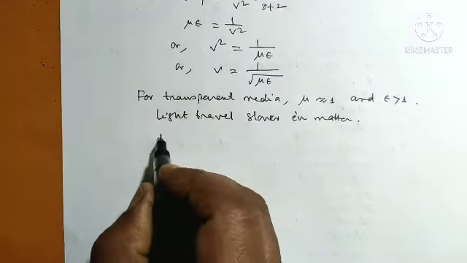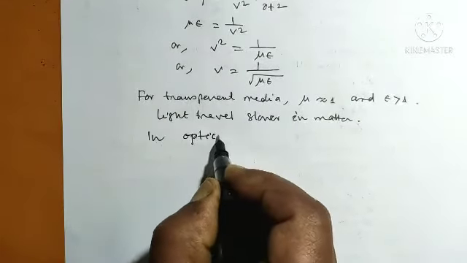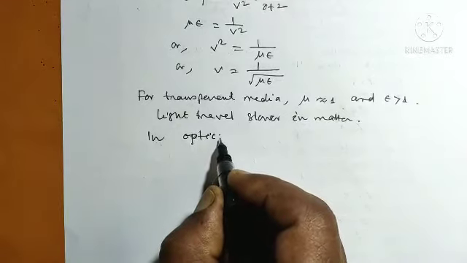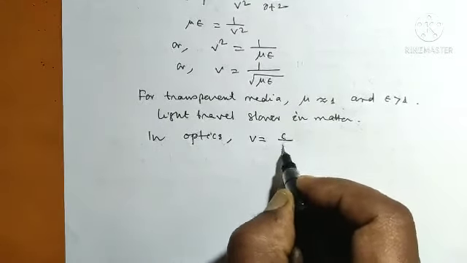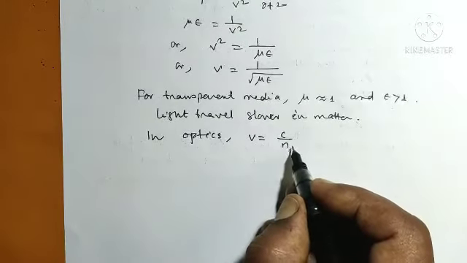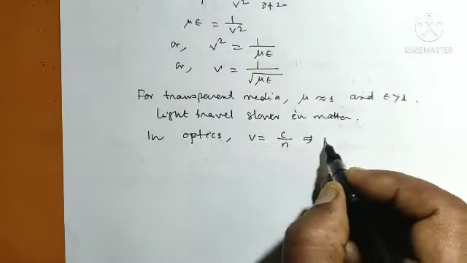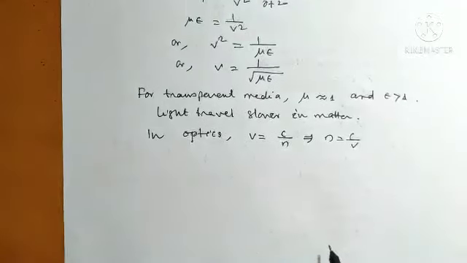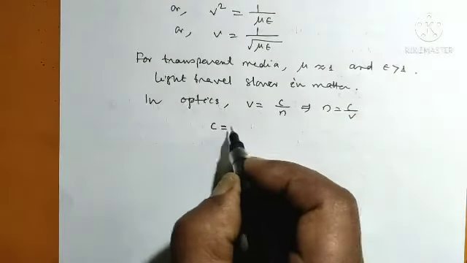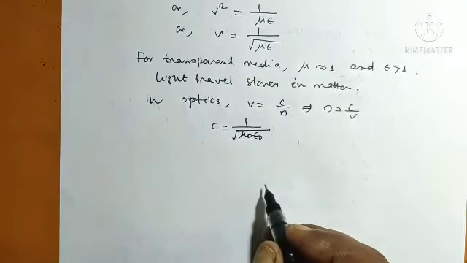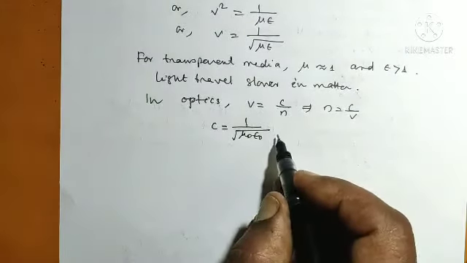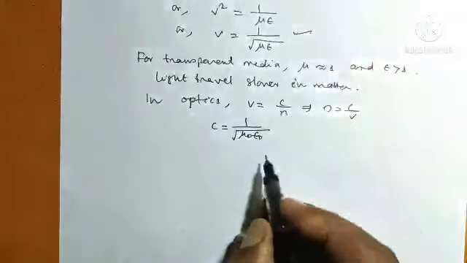In optics, light is an electromagnetic wave. So in optics we use velocity v equal to c by n. n is the index of refraction, or we can write n equal to c by v. And we know that c equal to 1 by square root of mu 0 epsilon 0, that is the speed of electromagnetic wave or speed of light. And we found v here.